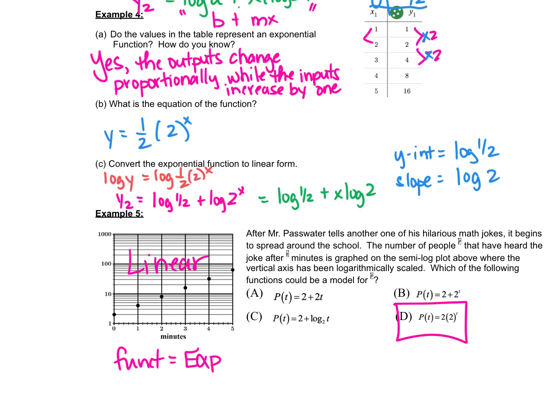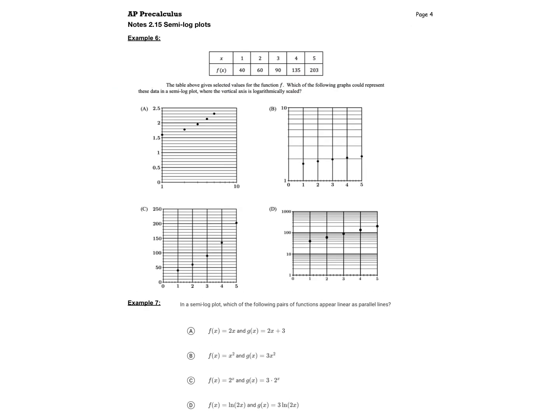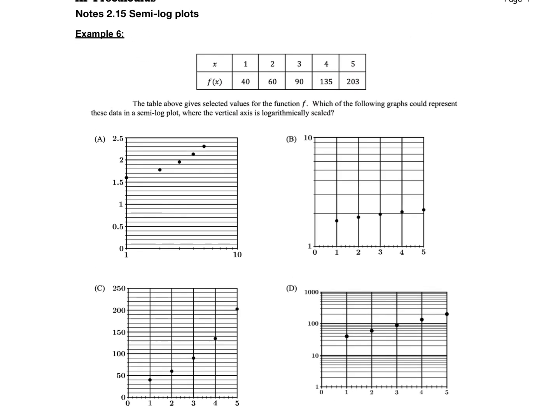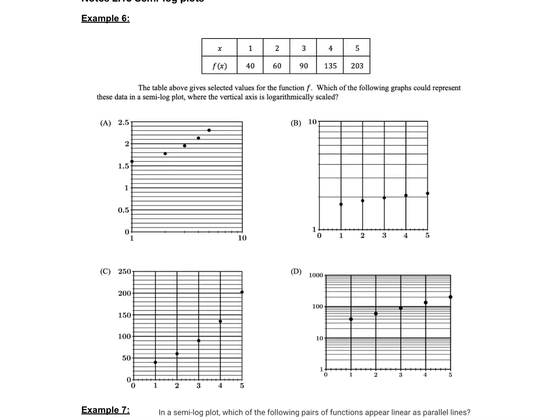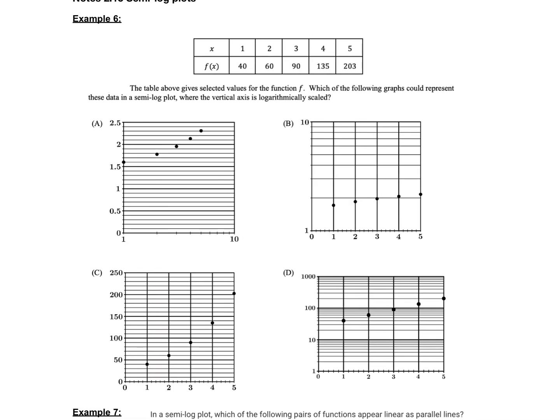All right, let's take a look at this one. Gives me a table. Selected values of our function, which of the following graphs could represent the data in the semi-log plot where the vertical axis is logarithmically scaled. Now, you should be able to eliminate a couple of things before you get very far in the process.